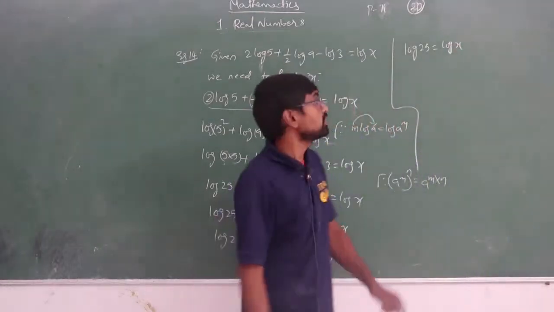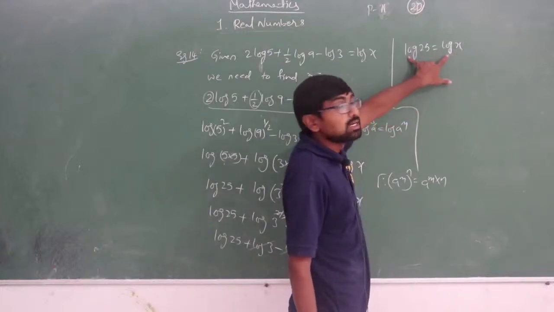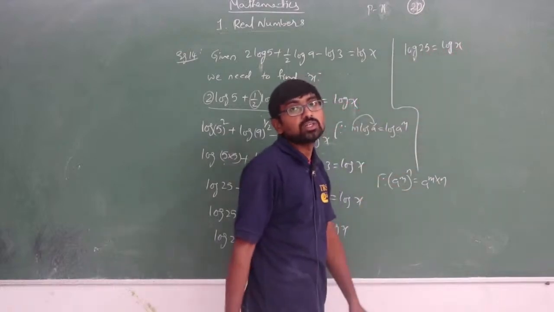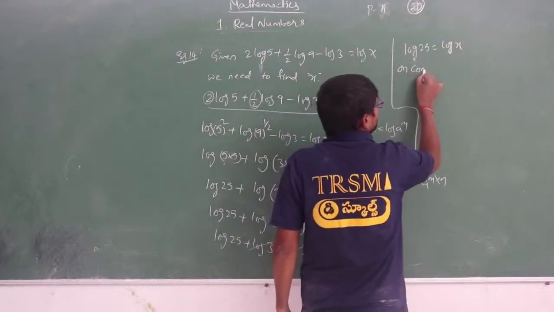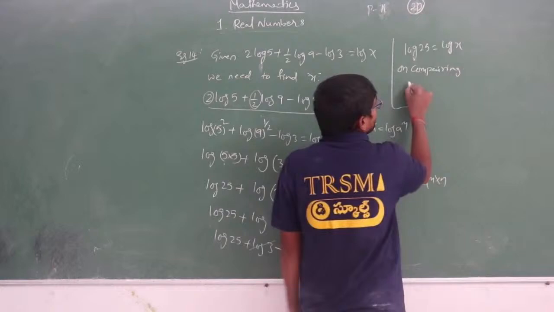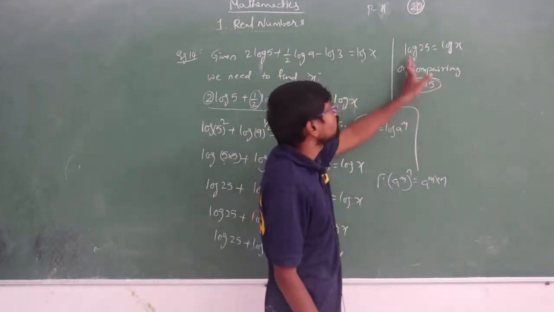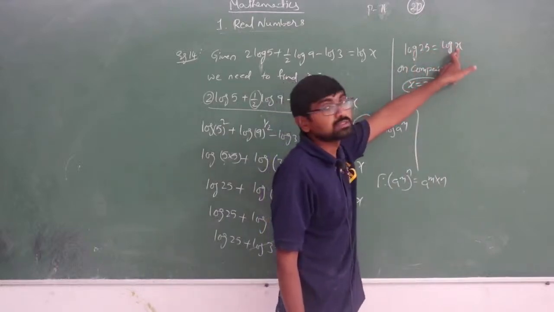Now you can see whenever you compare these both, here log is common, but here in the place of x, what do we have? 25. So on comparing, we get x is equal to 25. Hope you all understood, isn't it? Here we have log 25, and here we have log x.